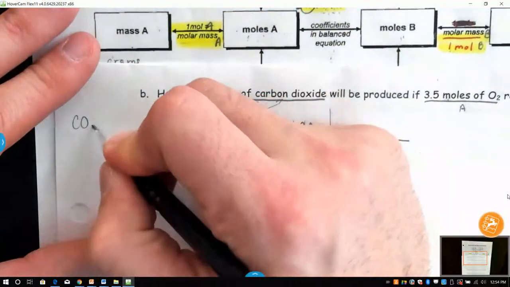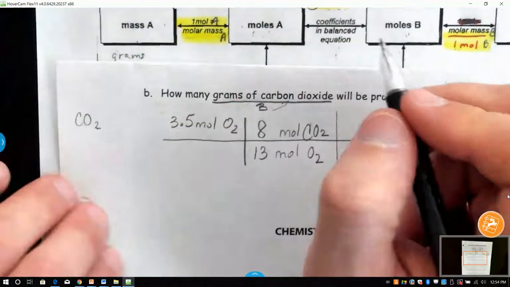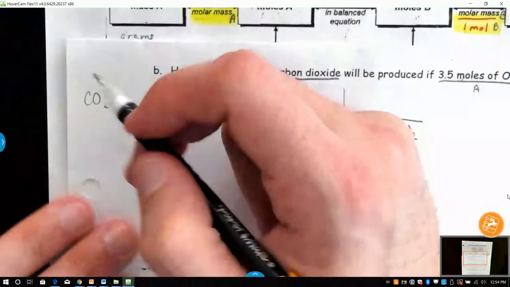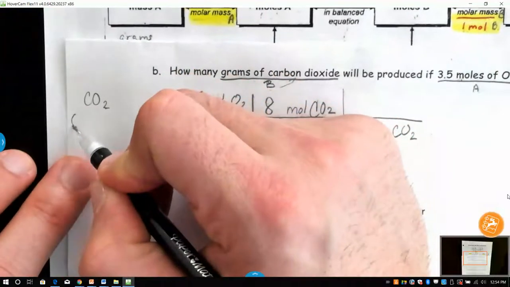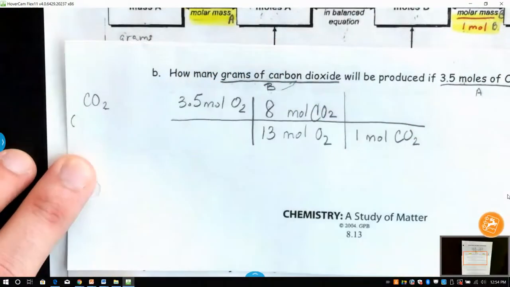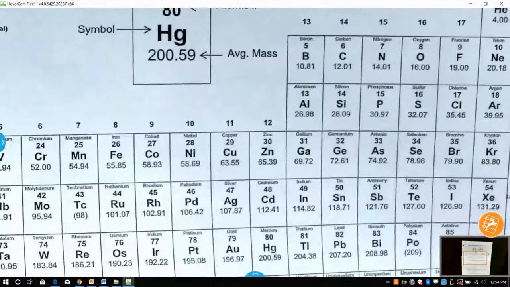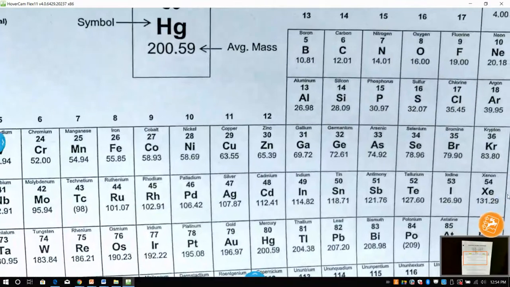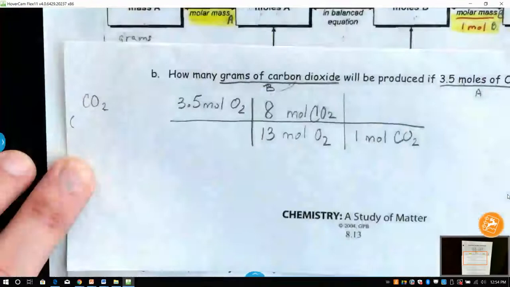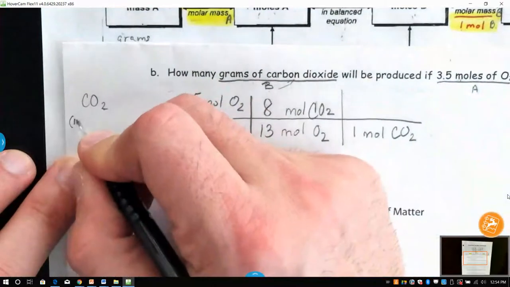CO2. The first element that you come across, we throw up a little parenthesis. What is the mass of carbon on our periodic table? 12.01. Good, so I'll write that here.